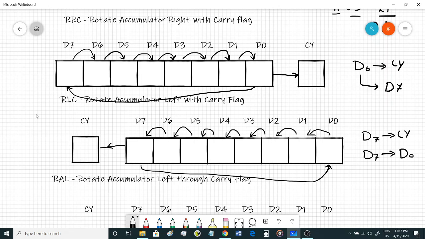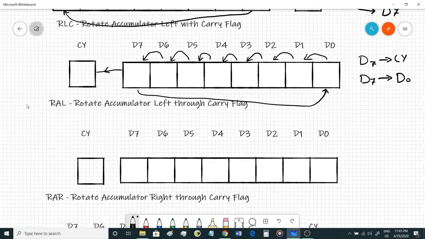These are rotate instructions with carry flag. Whatever is coming out of the accumulator also goes into the carry flag. If it is rotate right, the least significant bit, D0, will move into the carry flag and also to D7. For rotate left, D7 will move into the carry flag as well as to the D0 bit position.